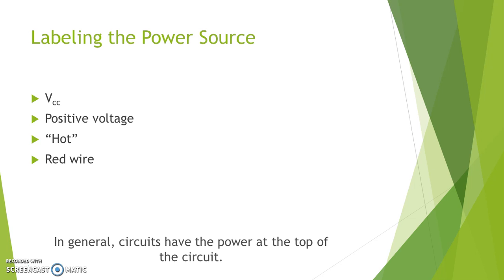It's almost always shown as a red wire in the actual design, and once in a while you will see a red wire in a schematic to represent that power source, that potential source. And one more thing, in general, circuits have the power at the top. That is, current flows downward. Keep this in mind and try to use this in the schematics that you draw as well.